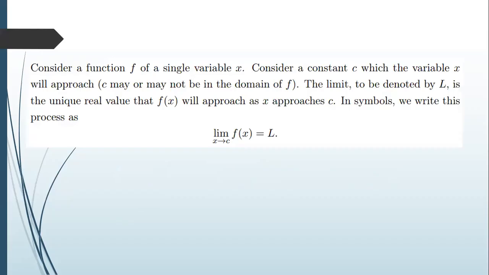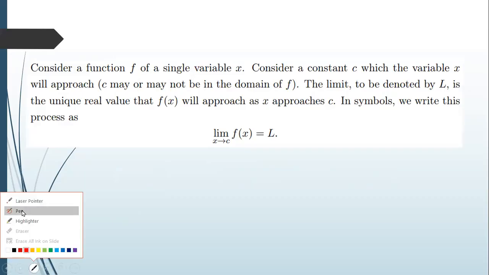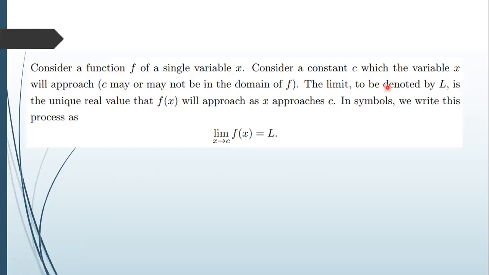Consider a function f of a single variable x. Consider a constant c, which the variable x will approach, where c may or may not be in the domain of f. The limit, denoted by capital letter L, is the unique real value that f of x will approach as x approaches c.